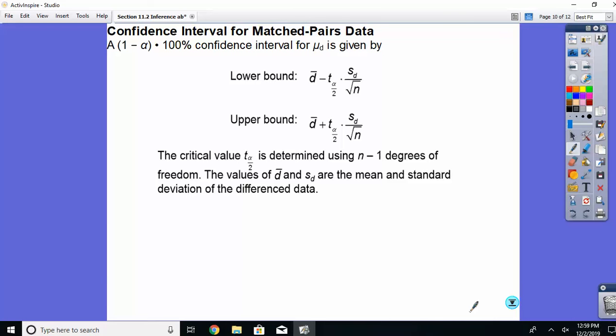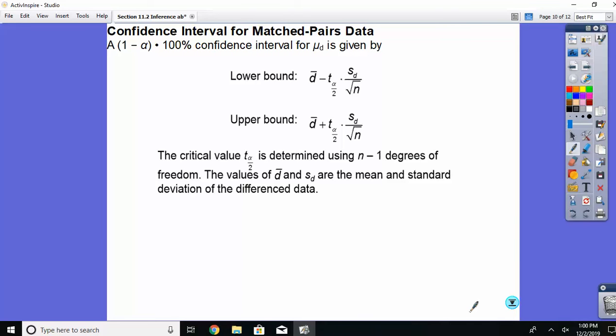Alright, so if I wanted, we've done the 1 minus alpha percent, 95%, 99% confidence intervals. We've done those many, many times by now. So to do that, you have to take the mean of the difference plus and minus your T alpha over 2 times the standard deviation of your difference over the square root of n. This is very similar if you look at your formula sheets to the confidence intervals that we've done before.